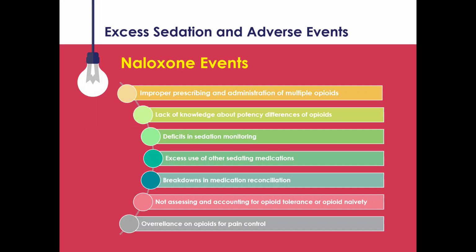I have a couple for you to think about. One is the appropriate use of naloxone. For example, was it indicated? What were the presenting symptoms and rationale? And was the RRS, if applicable, activated timely? And was naloxone administered?